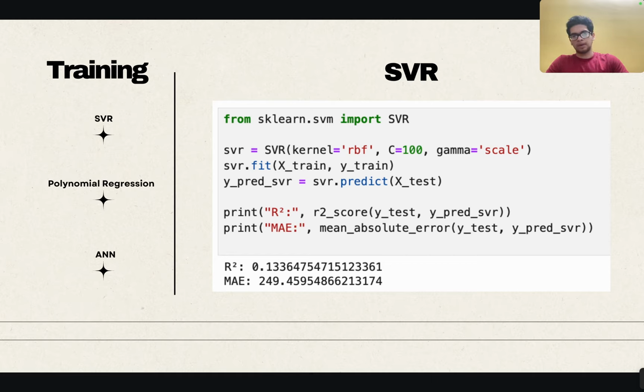Like take the mean of all my data set and predict it everywhere. So an R squared value close to 0 means it just outputs a value close to the mean of my input data set, and an R squared value of 1 means it is actually very good at predicting. And the mean absolute error refers to the average of the absolute difference between a predicted value and the actual value, calculated over the test data set.